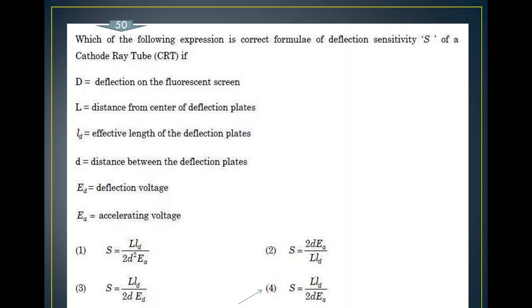And the correct answer is option number 4, that is sensitivity S equals L times l upon 2d Ea.